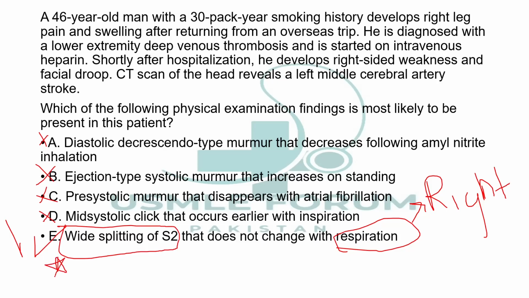Putting a star on it, this is a classical phrase that you have to remember for ASD. And further on this point, wide splitting of S2, wide fixed splitting of S2, or fixed splitting of S2, all of these phrases point towards atrial septal defect. So you have to remember that.